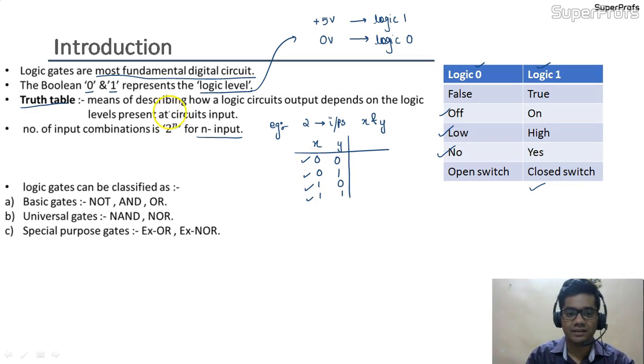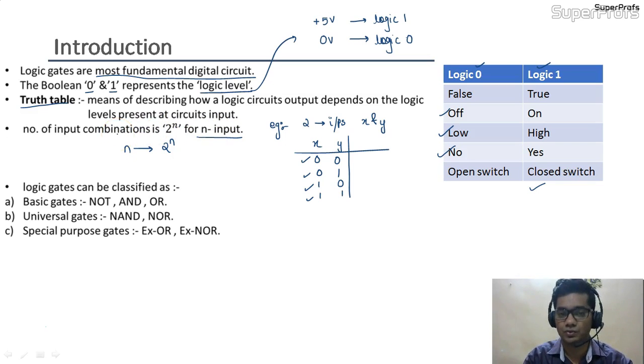So we can say that there are 4 possible combinations. So if there are n inputs, there are 2 raised to power n combinations.